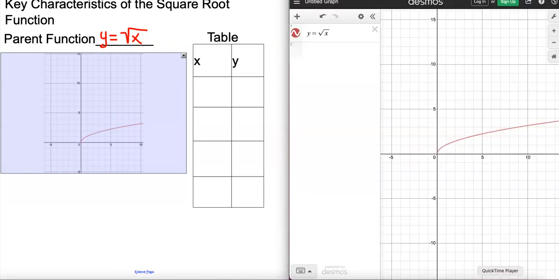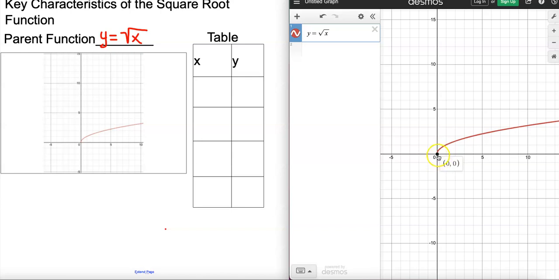Okay, so now we have this function here that's inside our document. So now looking at this function, first of all, I can see just some basic information about it. I can tell this point right here is at 0, 0. So this is like my X and Y intercept right here.